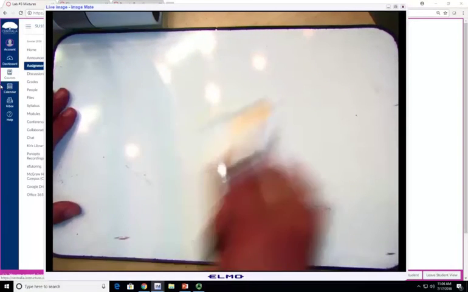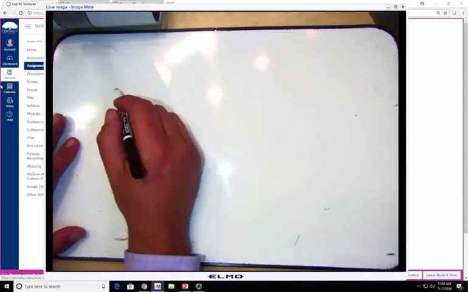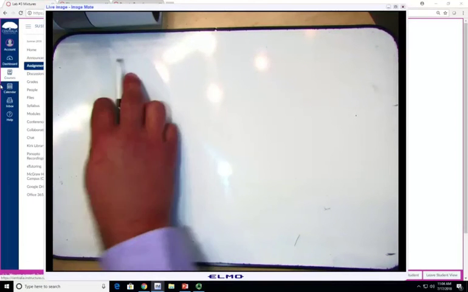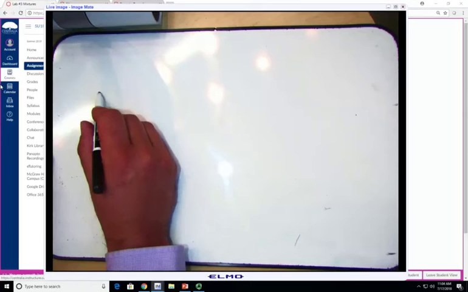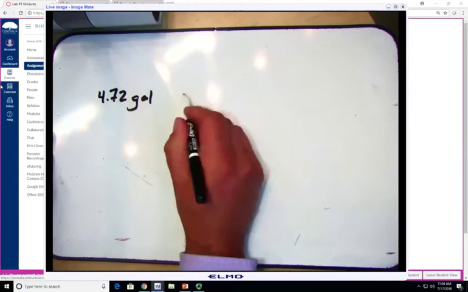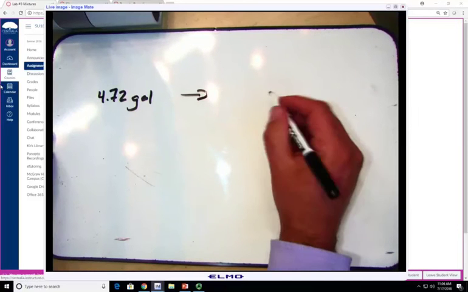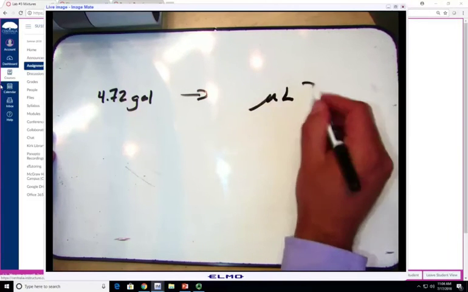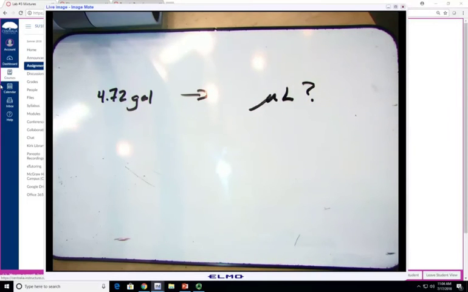Okay, here's a problem. Let's do volume here. Let's say you have 4.72 gallons, and I want to know how many microliters that is, okay? So we need a conversion. This is English to metric and metric to metric conversion.